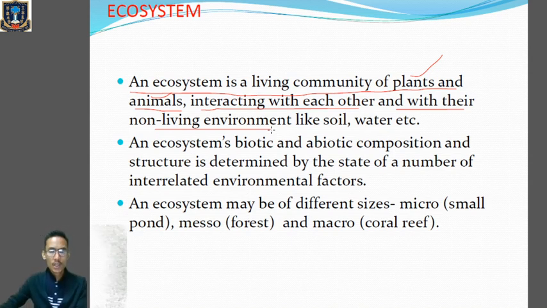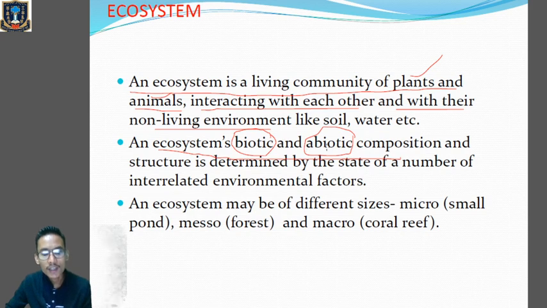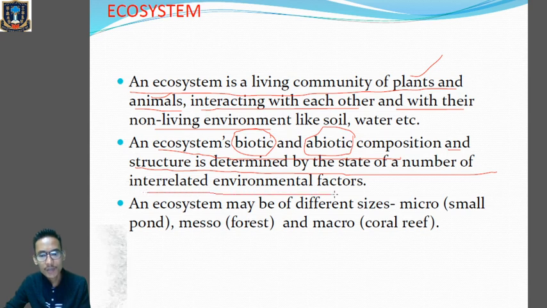All right. So an ecosystem's biotic and abiotic component. Now, biotic means living component and abiotic means non-living component. I'll note it down. Biotic means living component and abiotic means non-living component. So an ecosystem's biotic and abiotic composition and structure is determined by the state of a number of interrelated environmental factors.